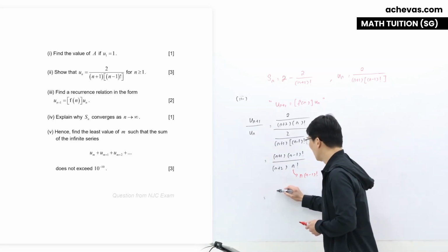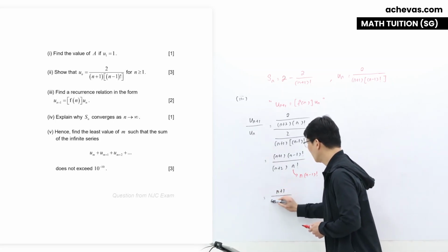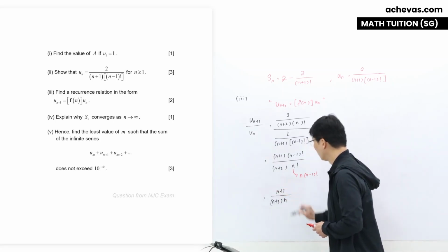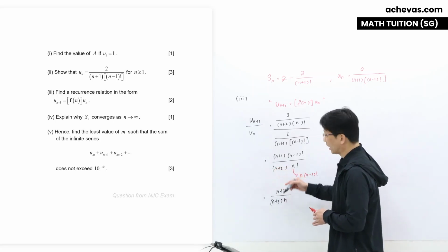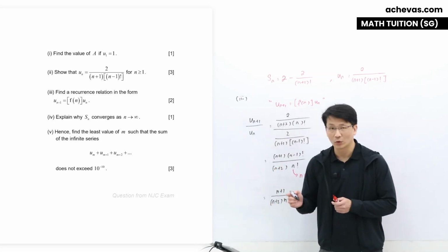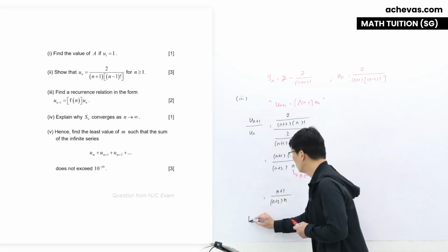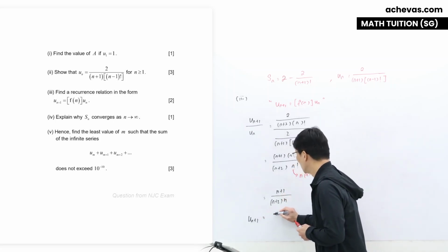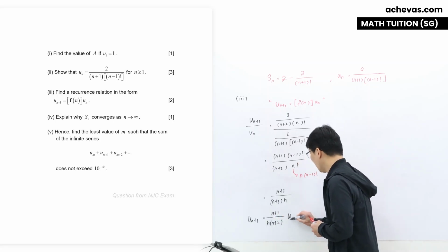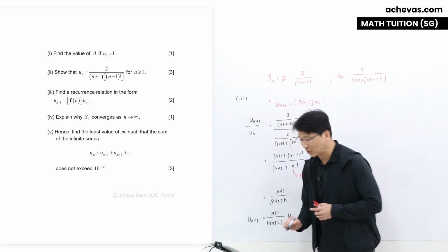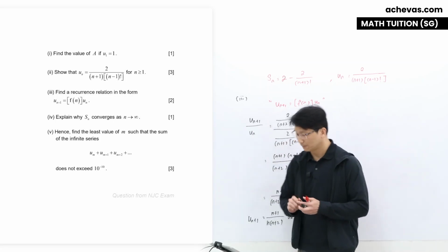So I will be left with (n plus 1) over (n plus 2) times n. Right, so we are going to write one more step to express it into the form which the question wants. So I will have u(n plus 1) equals (n plus 1) over (n plus 2) times un. So this will be the recurrence relation we need for part 3.